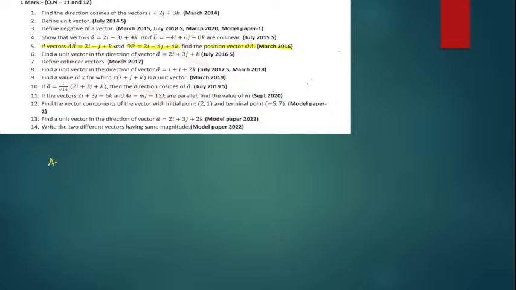Simply, the given vector AB is equal to 2i minus j plus k, and one more given data is there, OB vector is provided, that is 3i cap minus 4j cap plus 4k cap, and they are asking to find the position vector of point A, that is OA vector.